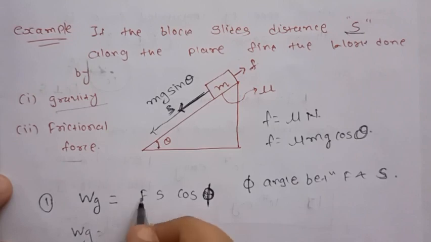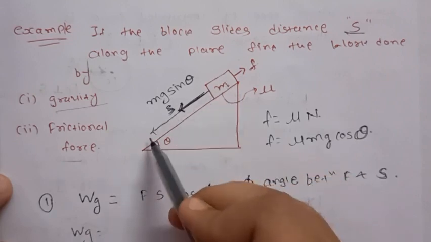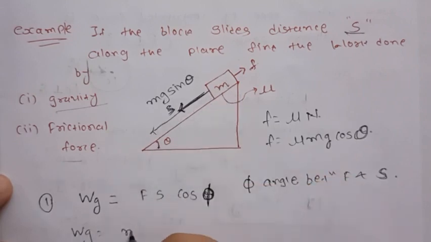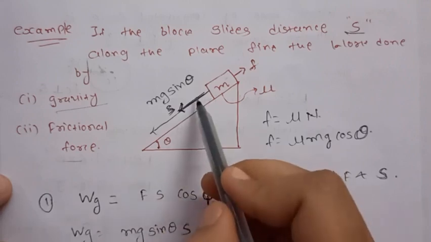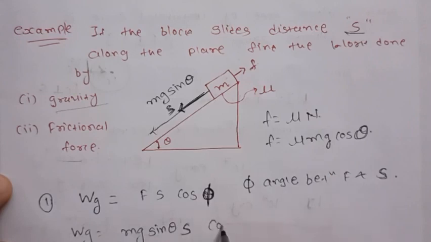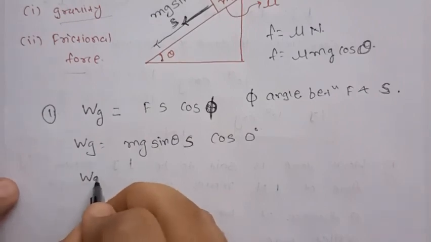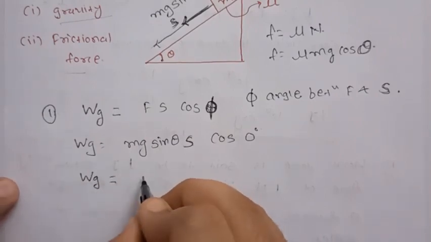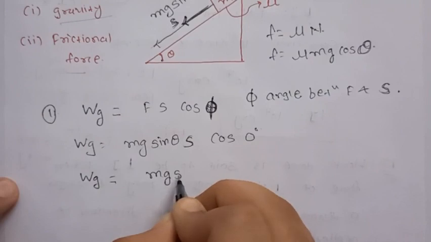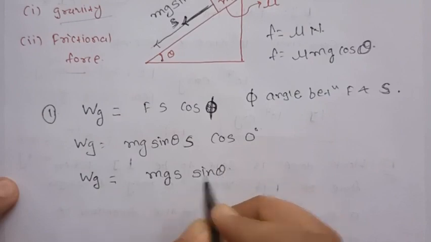The gravitational force along the displacement or along the plane is mg sine theta. The displacement is s, and the angle between mg sine theta and s is 0, so cos 0 degree. So work done by gravitational force will be equal to mgs sine theta.